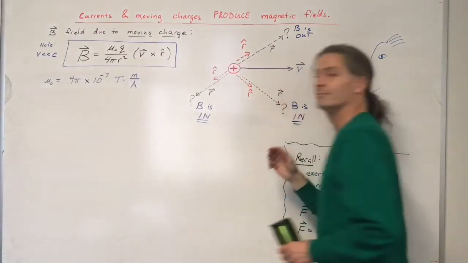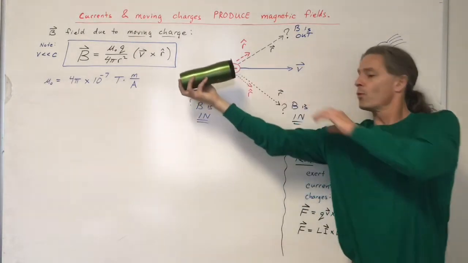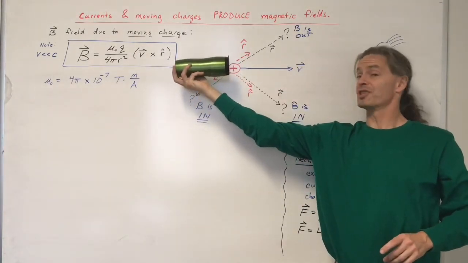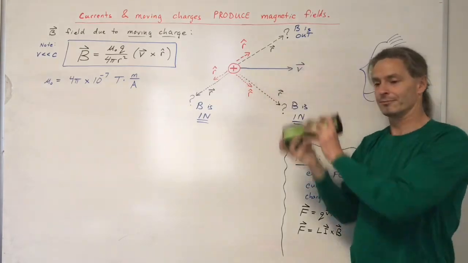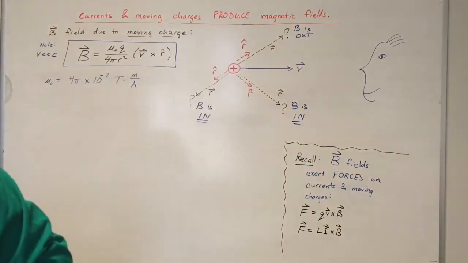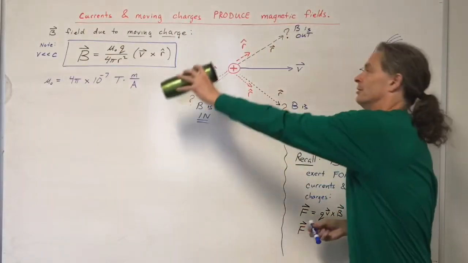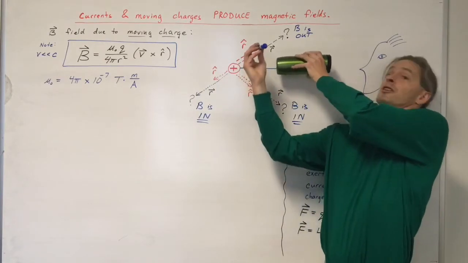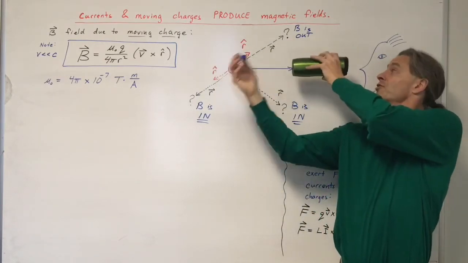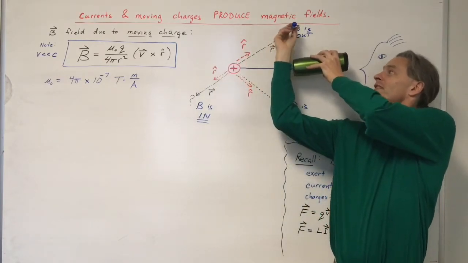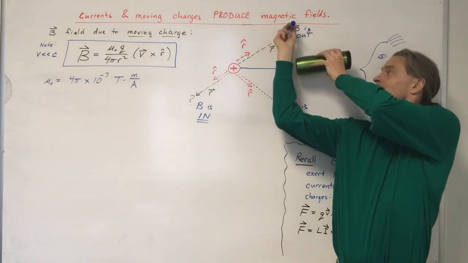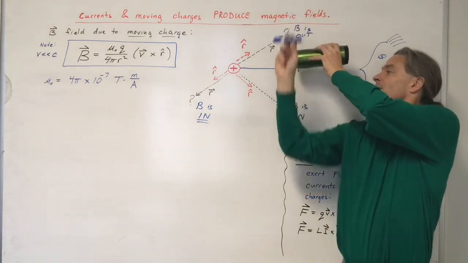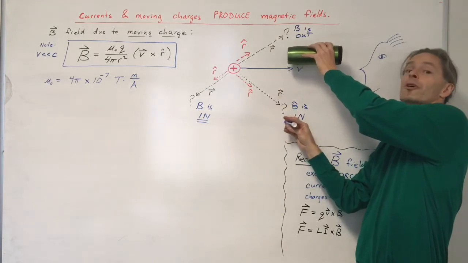Imagine I'm here looking and watching this positive charge come toward me. Above the charge, as I look into the direction that the charge is coming from, the magnetic field above the charge is out of the board, and below the charge is into the board.